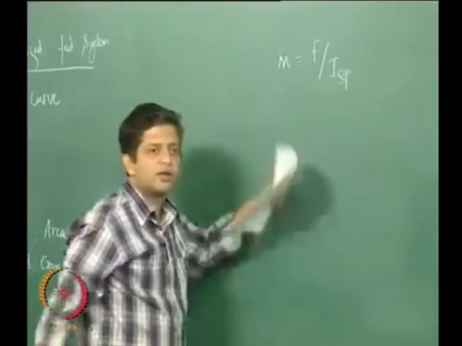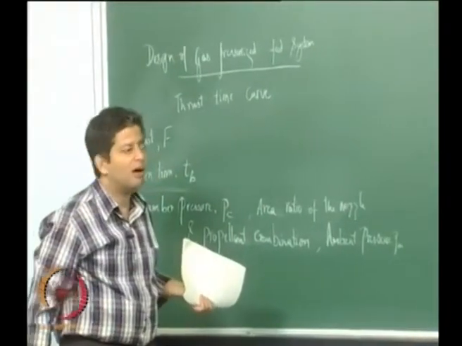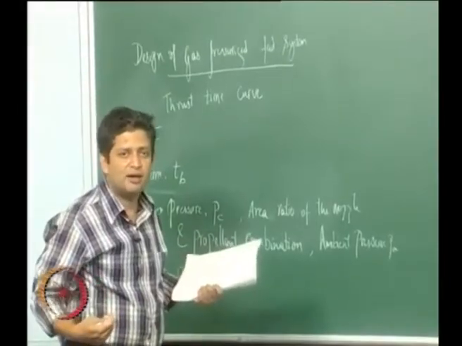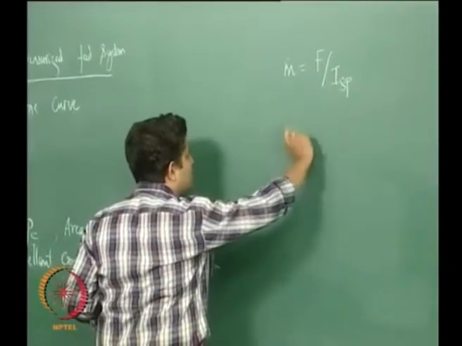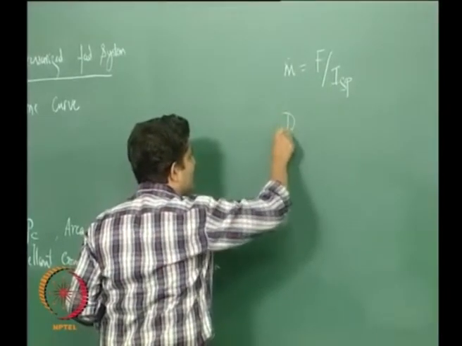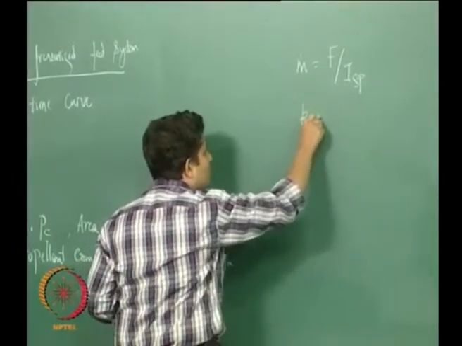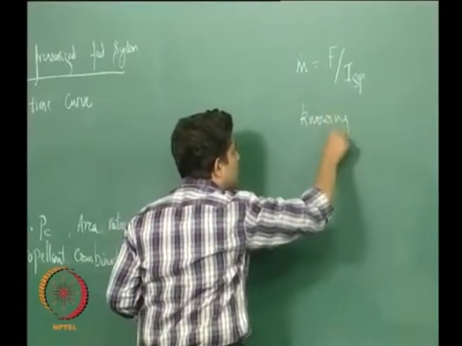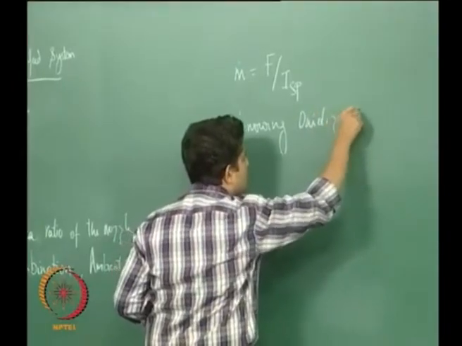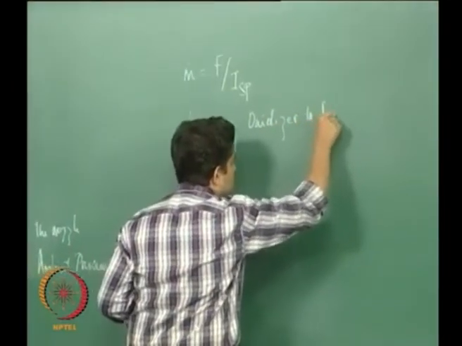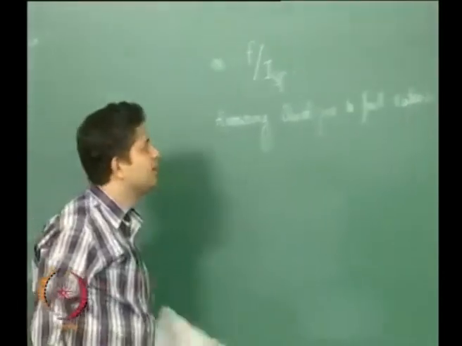So you can calculate what is the m dot, and after knowing the m dot, you can get, depending on the oxidizer to fuel ratio, the individual flow rates.